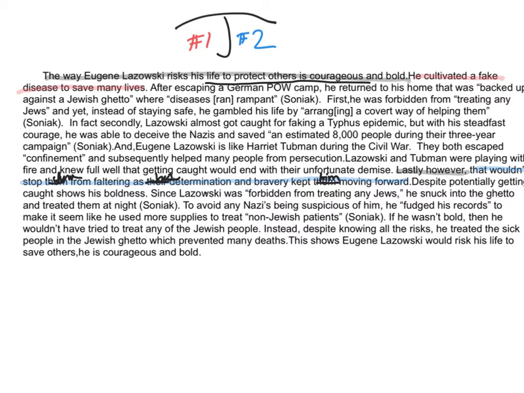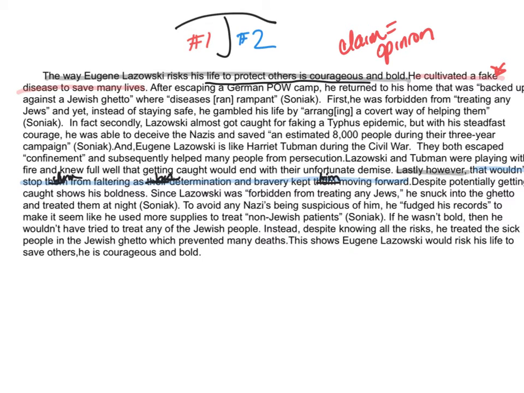So he cultivated a fake disease to save many lives. That is supposed to be a claim. And remember, a claim should be an opinion. But what we have here is a fact. So let's take a look at the actual evidence.